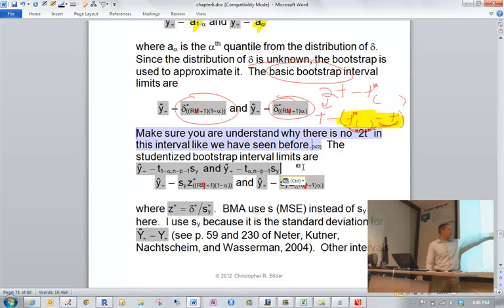So notice how I have y hat here. I have the s here, and basically what we've always talked about is we're just replacing our normal distributional quantile with something that the bootstrap actually calculates. Well, what is this z star here? Well, it comes from the ordered values of the delta stars divided by the s stars, which is then the standard deviation of delta stars.